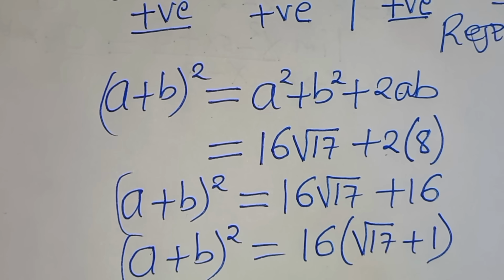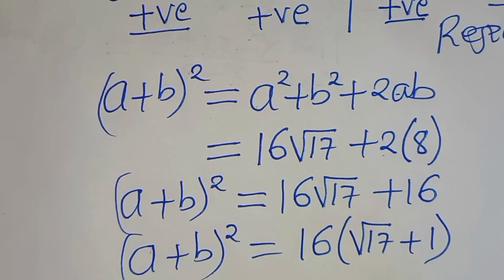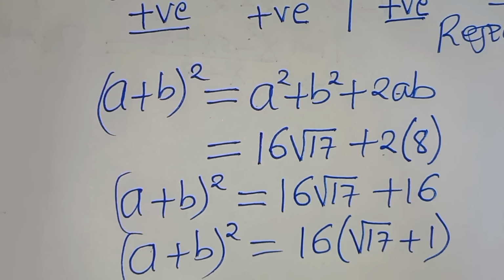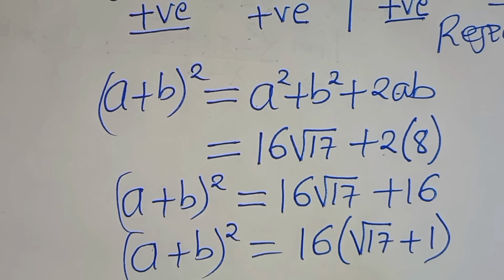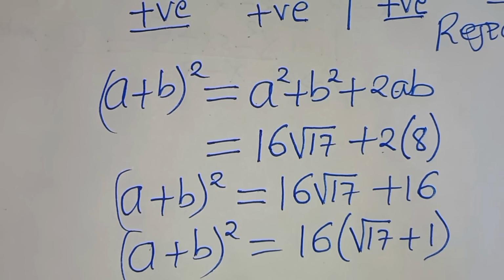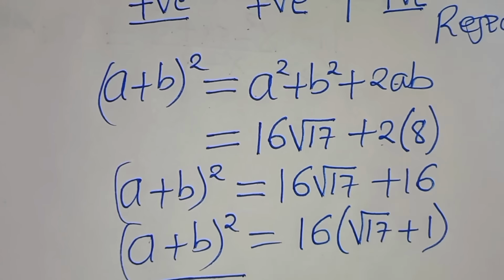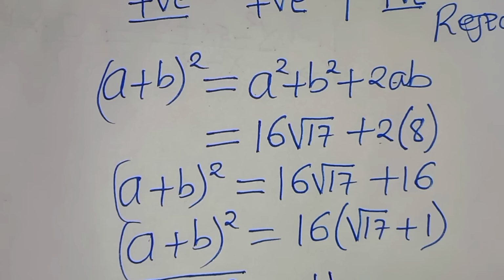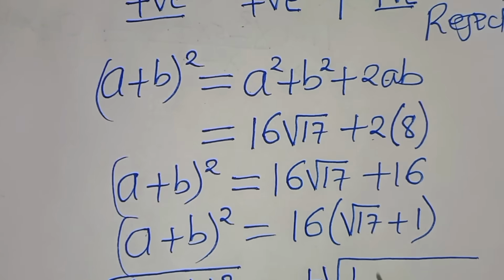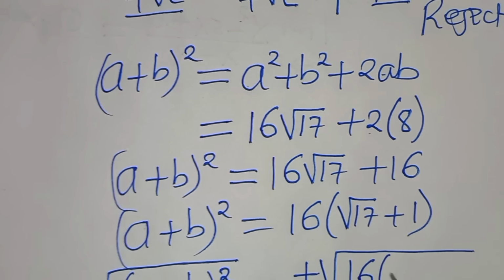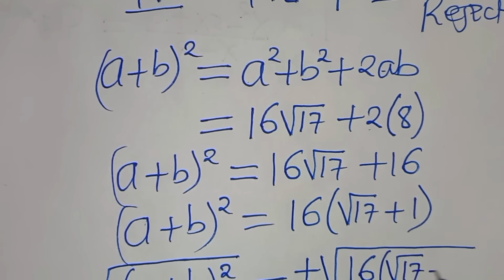To solve for a plus b here, we introduce a square root on both sides, so we have the square root of a plus b raised to the power of 2. This is equal to plus or minus the square root of 16 into the parentheses square root of 17 plus 1.